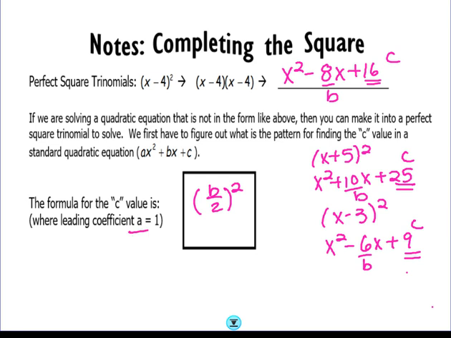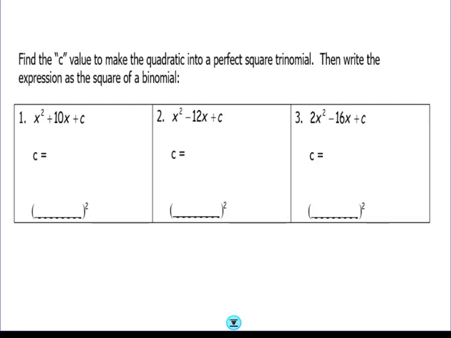Now we can only do this if our lead coefficient is 1, our a is 1. So to find c, we're going to take half of b and square it. So let's just practice that first. Let's find c. So if b is 10 here, we're going to take half of b and square it. So 5 squared is 25.